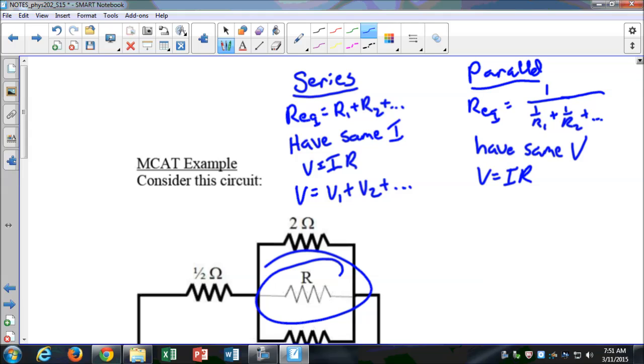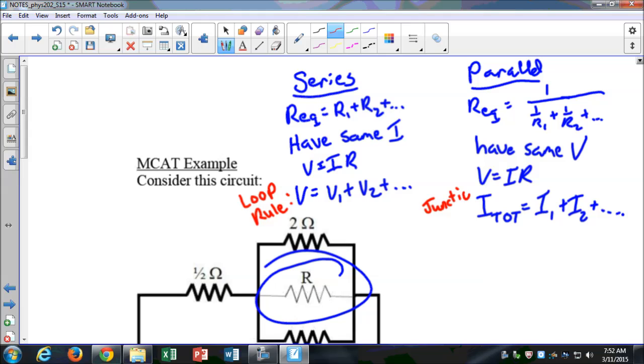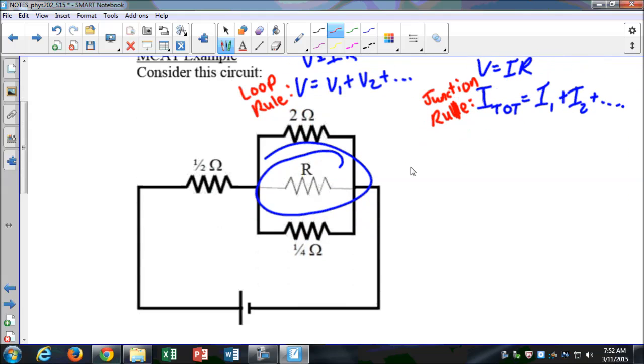And then we also have something called the junction rule, which is that the total current equals I1 plus I2 plus ... Now, this over here is called the loop rule. And this is called the junction rule. We'll see collectively those are called Kirchhoff's rules when we get into multi-loop circuits. And they're pretty useful for electricians and electrical engineers when they're dealing with circuits. You want to know. All right.